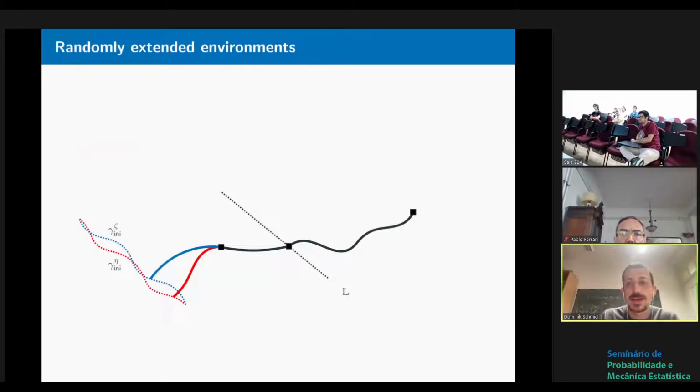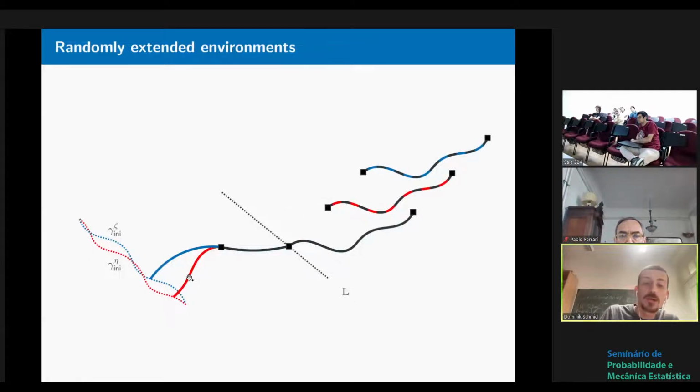And we do that in two steps. The first step to get rid of this time change is to use something which we call a random extension of the environment. What I mean by this is, let's say we start again with our two initial interfaces, and we're looking at a geodesic to some distant point here. Now, what we want to do is take the environment beyond the line L and just shift it up.